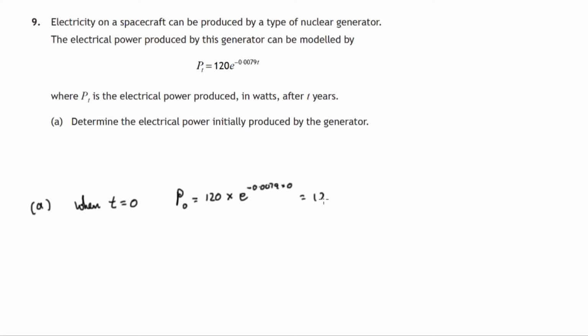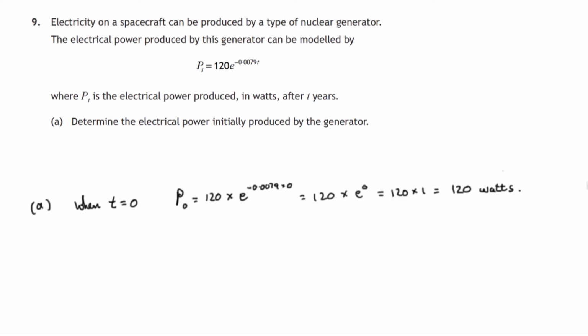Well, that's 120 times e to the 0. Any positive number to the power 0 is going to be 1. So it's 120 times 1, which is 120 watts. So at the start of proceedings, the generator is producing 120 watts of power.